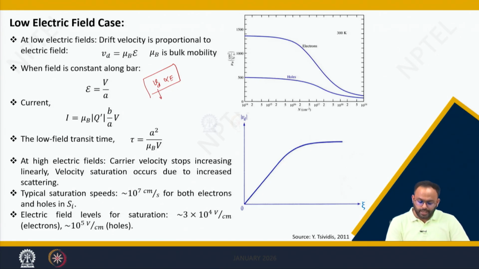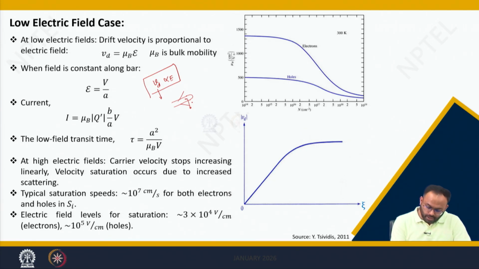The question is, if you go on increasing the electric field, will the velocity increase? The answer is no. To analyze this, consider an analogy. Let's say a person is flying in an aeroplane and jumps from the aeroplane.